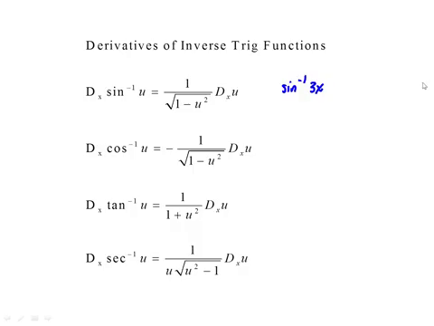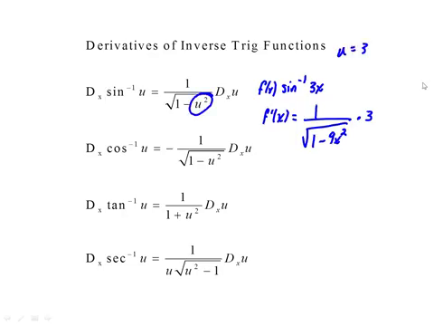So literally, if this was f of x, f prime of x is going to be 1 over the square root of 1 minus 9x squared times the derivative of u. Because what did we say u was?